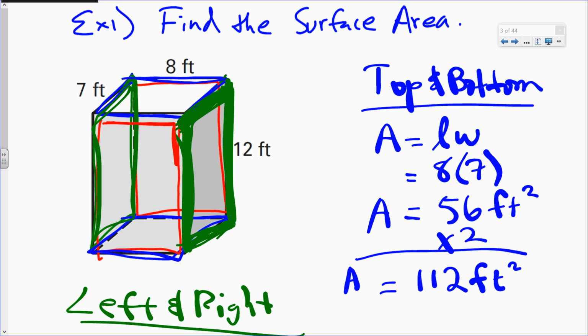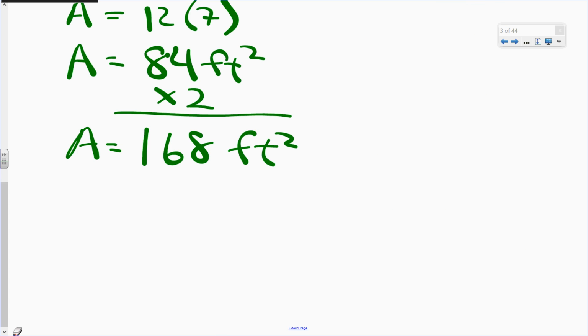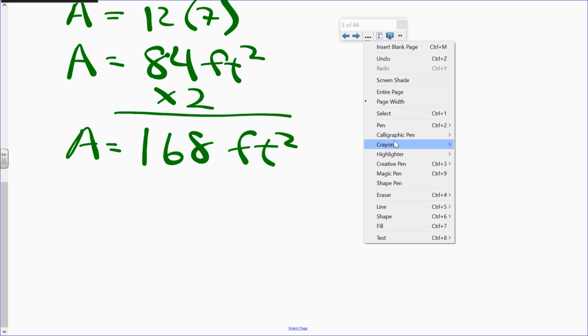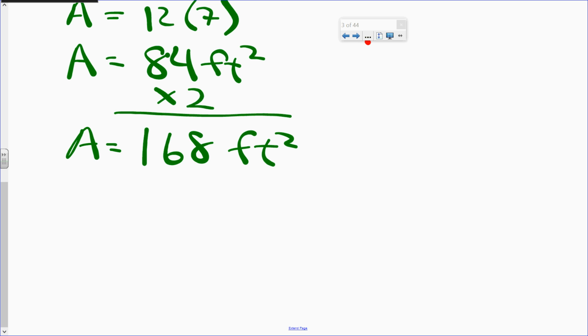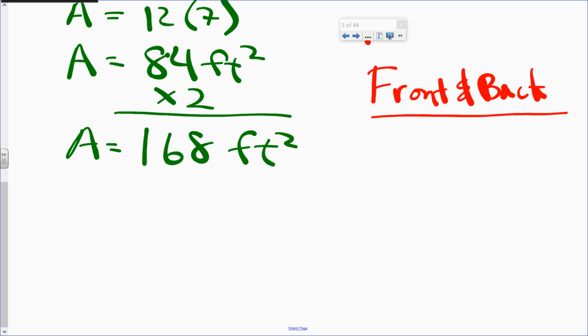Look at the front, right there. The length and width of that front rectangle. Here we go. So I'm going to put front and back here in red. Top, bottom, left, right, front and back.